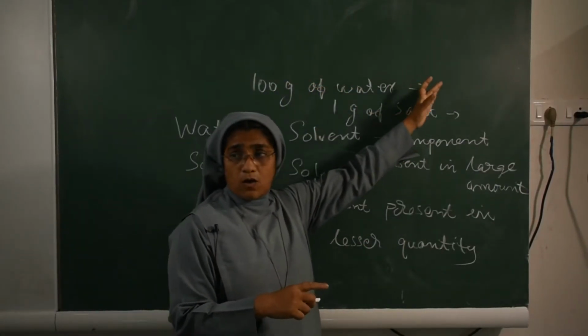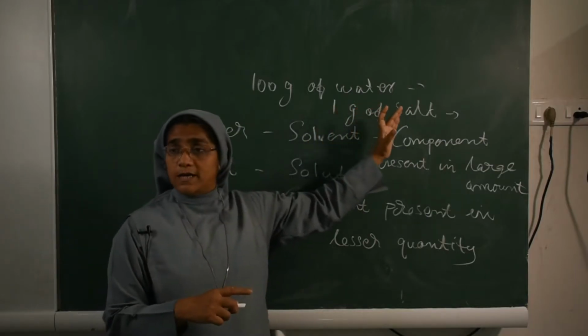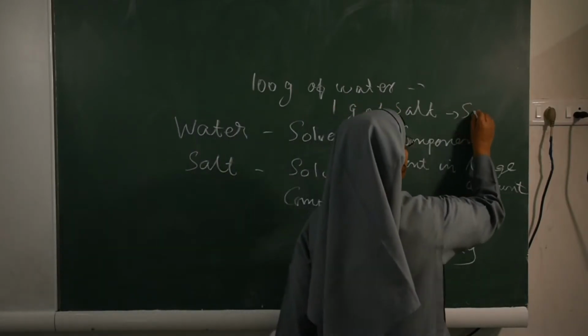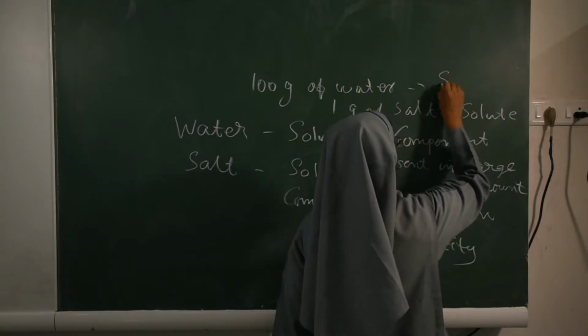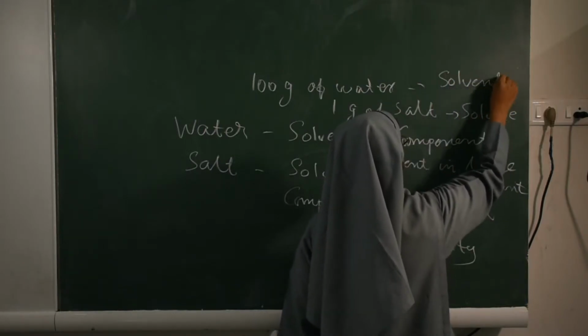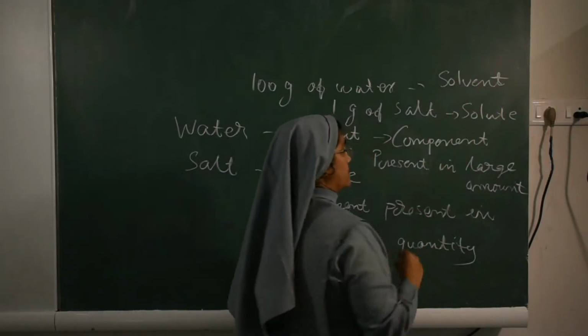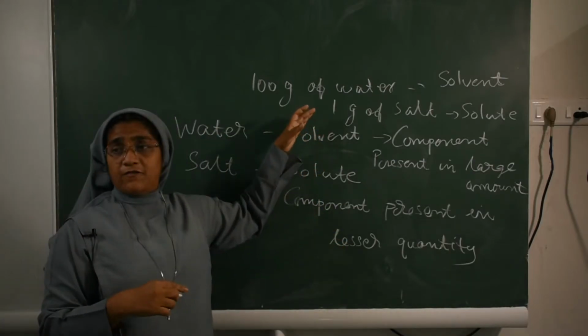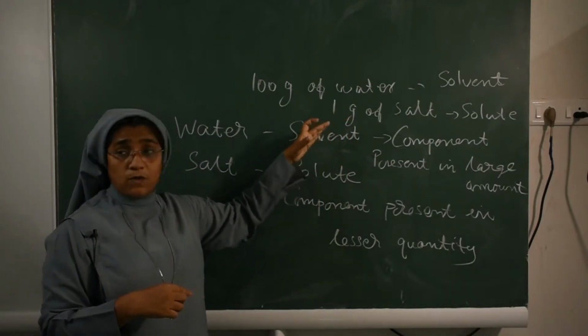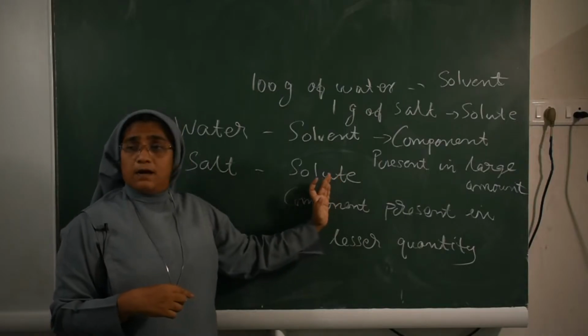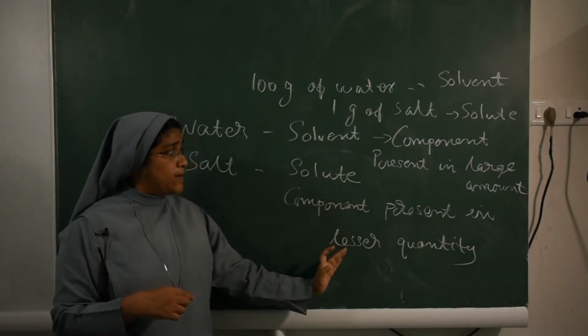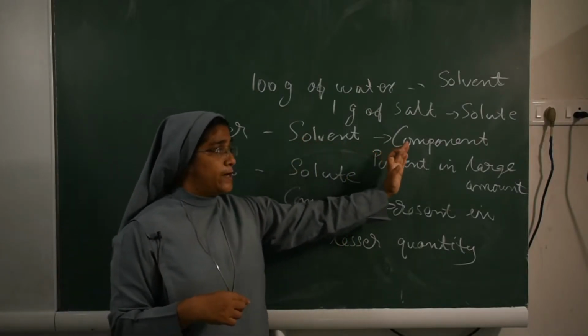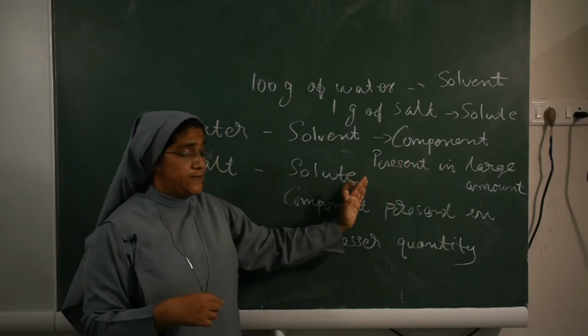So that is the solvent. 1 gram of salt is the solute. Did you understand the difference between solvent and solute? Solute means the component present in lesser quantity. Solvent means the component present in larger quantity.